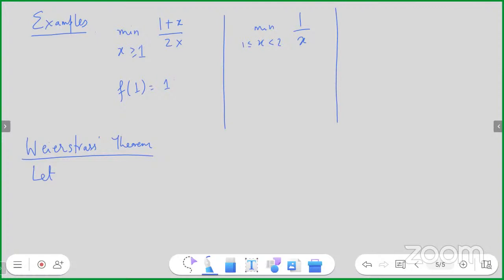This will just tell you at least for what functions and what domains we are guaranteed to find a minimum. Let f of x be a continuous real valued function on the compact. That's the most important part.